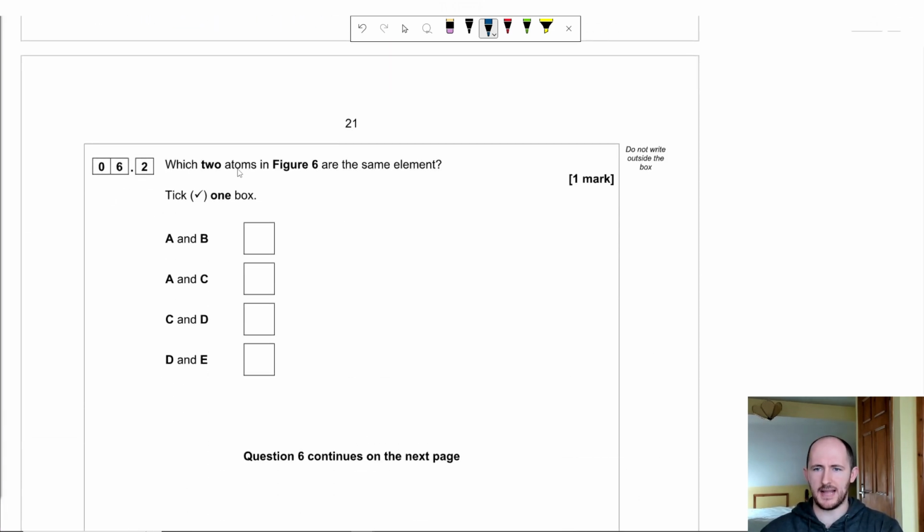Part 2, which 2 atoms in figure 6 are the same element? Now here's a really important thing. The element that you have depends only on the atomic number. Basically, it matters how many protons you have. So, for 2 atoms to be the same element, they must have the same atomic number.